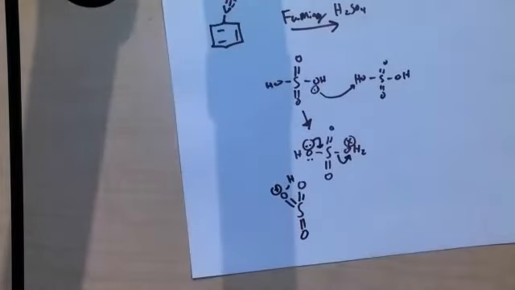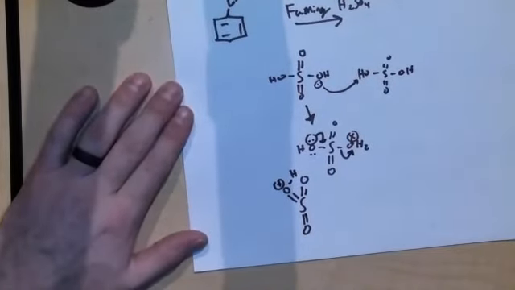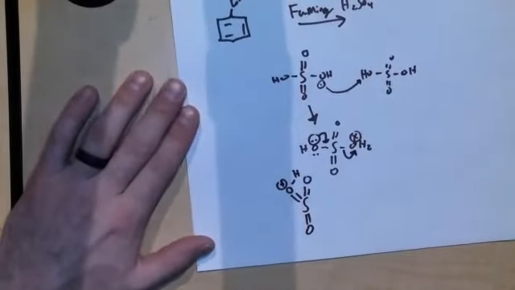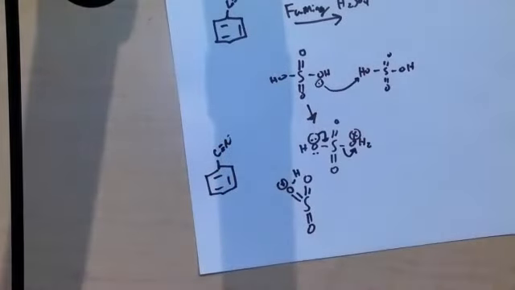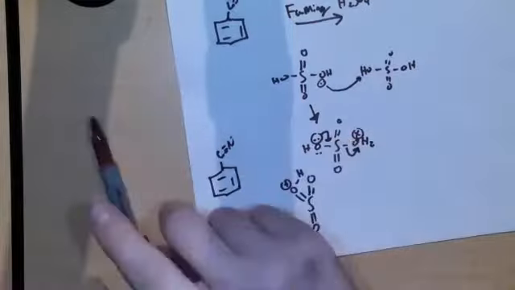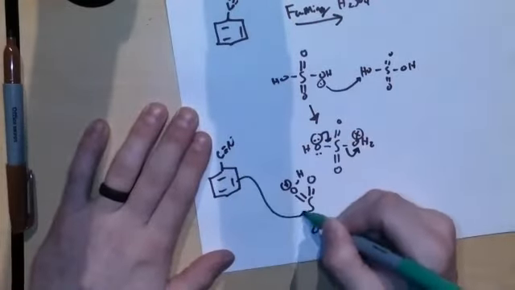Going to look like this. We have a meta director. And from this point, we're going to do the exact same reaction we were doing. So a nitrile is a meta director. Our ring can attack this electrophile.